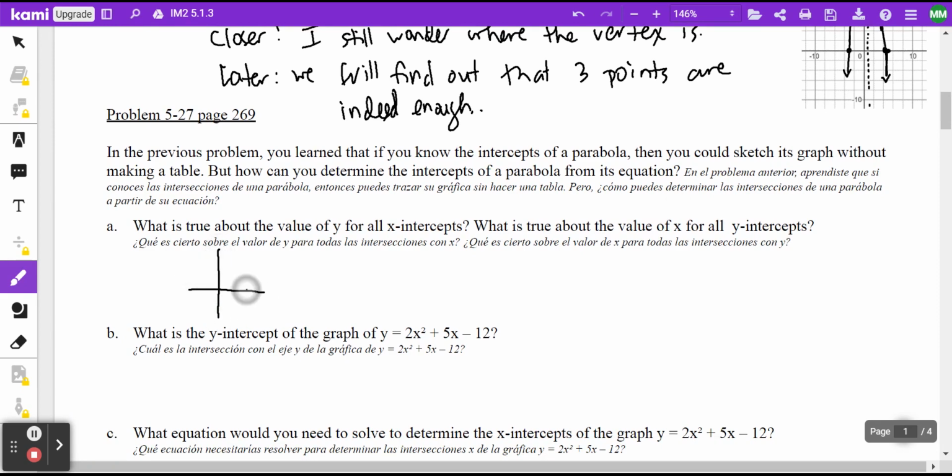Okay, suppose this is an x-intercept. I've got x, comma, y is 0. Y is always equal to 0 for x-intercepts.